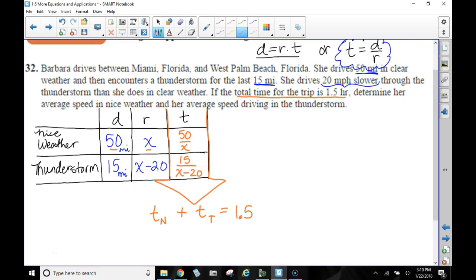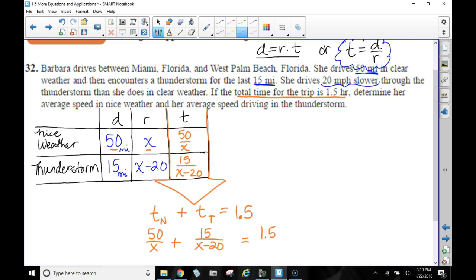So her time in the nice weather is 50 over x. The time in the thunderstorm is the 15 over x minus 20. That's equal to 1.5. Now, we have our model set up, and it has one equation with one unknown.